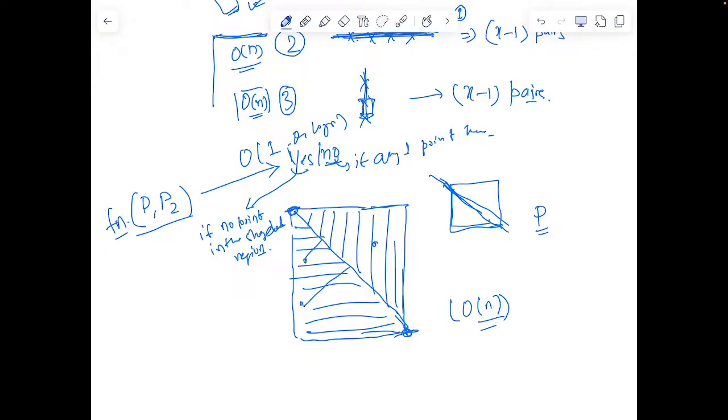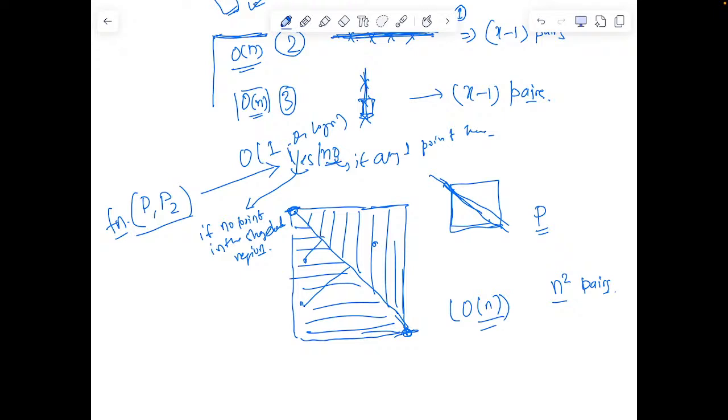Wait, there are n square pairs. Correct, n square pairs are there. To find that out, wait, then it will become very simple, man.